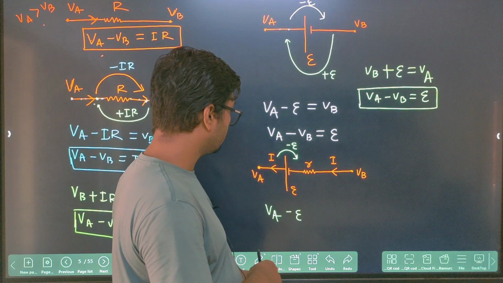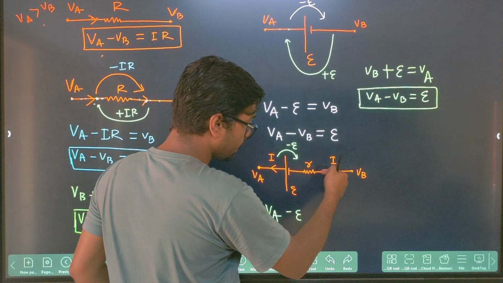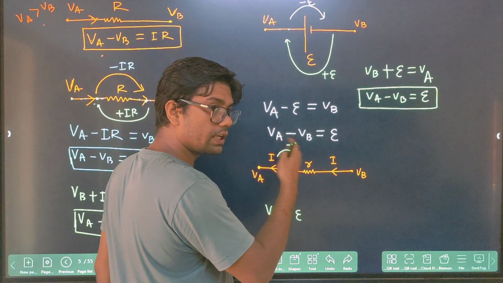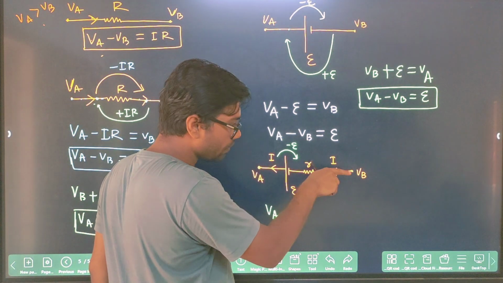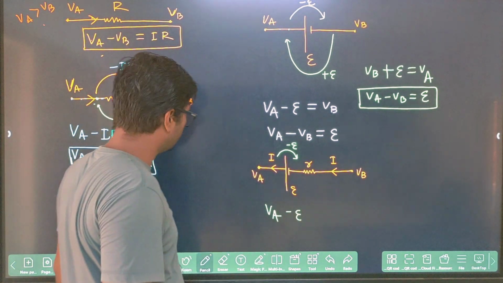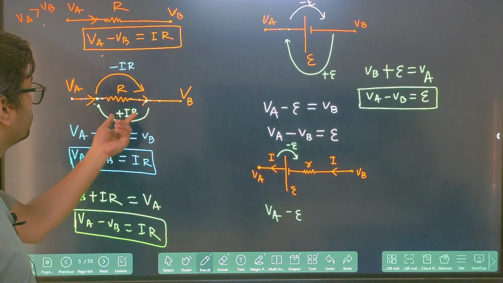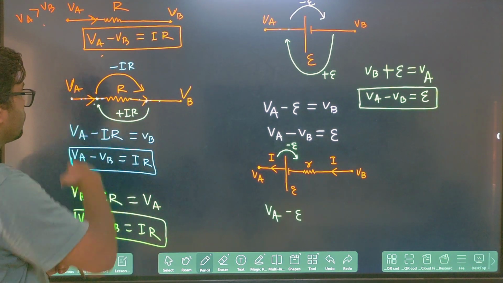And the current is flowing in the opposite direction to your movement, right? So you are moving along this direction, the current is flowing along the other direction. Which condition will it be? This condition: VB plus IR equal to VA.